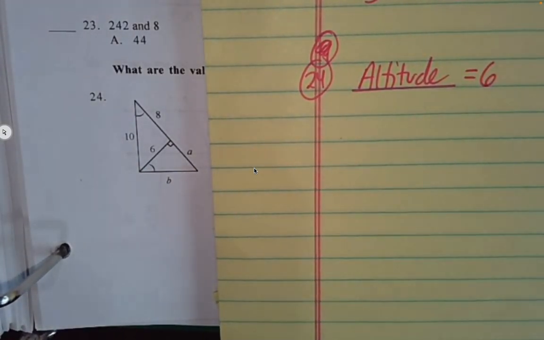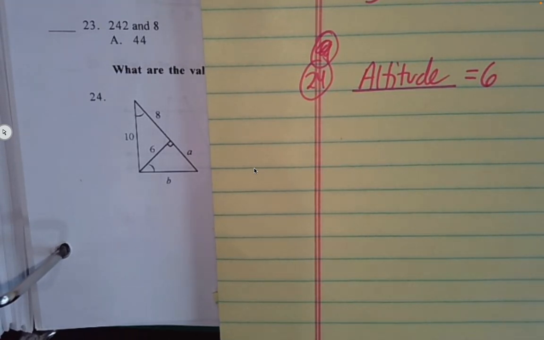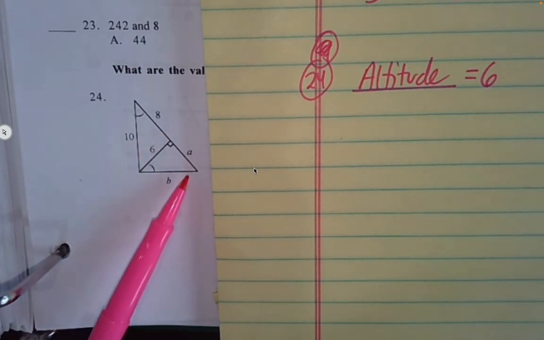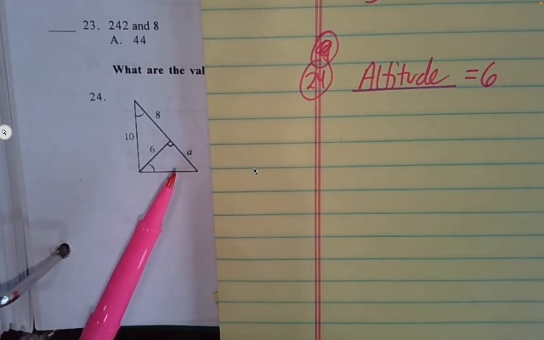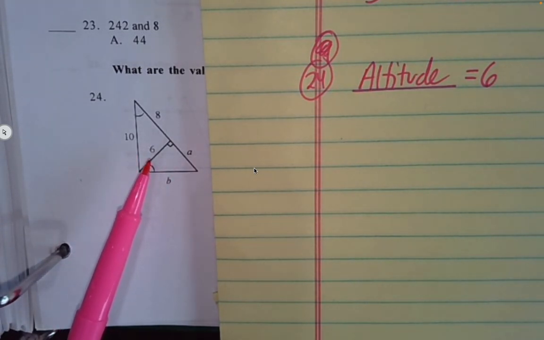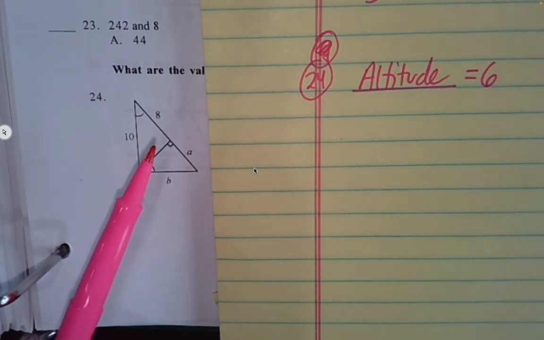We're going to use our small side and our long side. We've got 8 and we've got A. I think A might be our small side, but it doesn't matter. Does everybody agree that our altitude is 6 and we've got 8 and A as these sides?